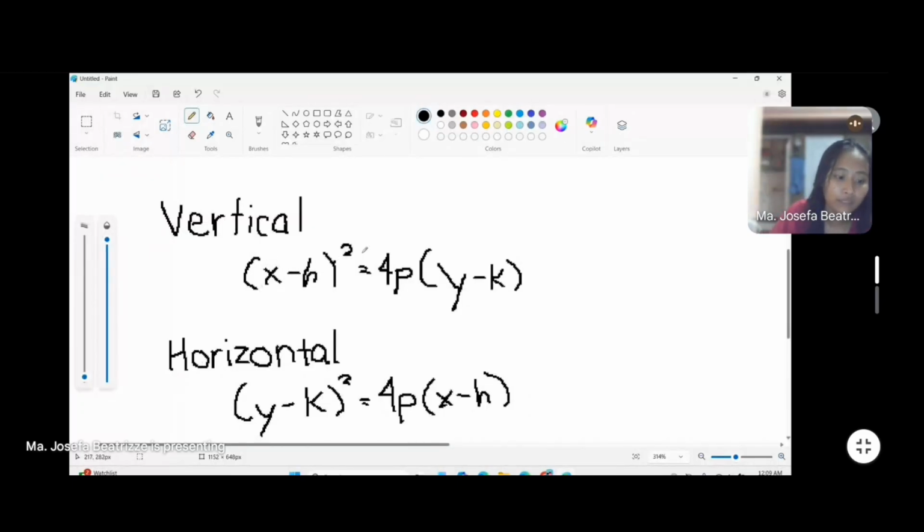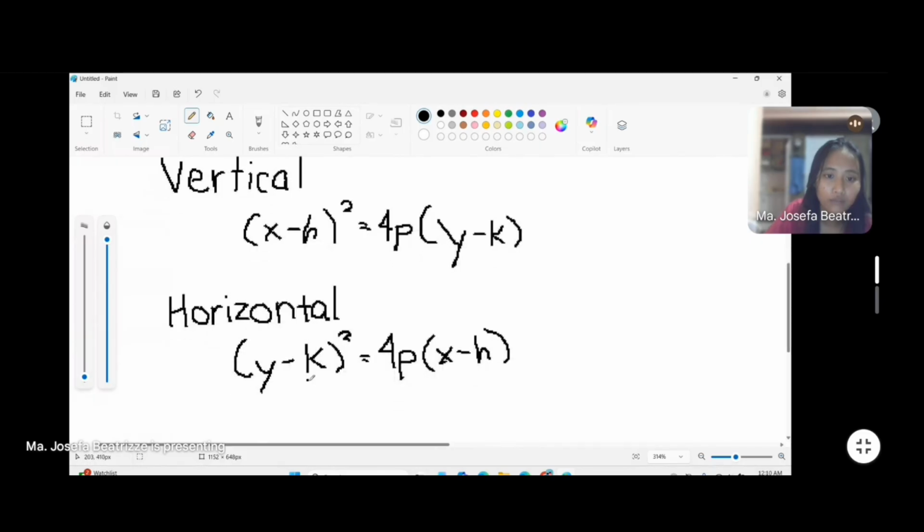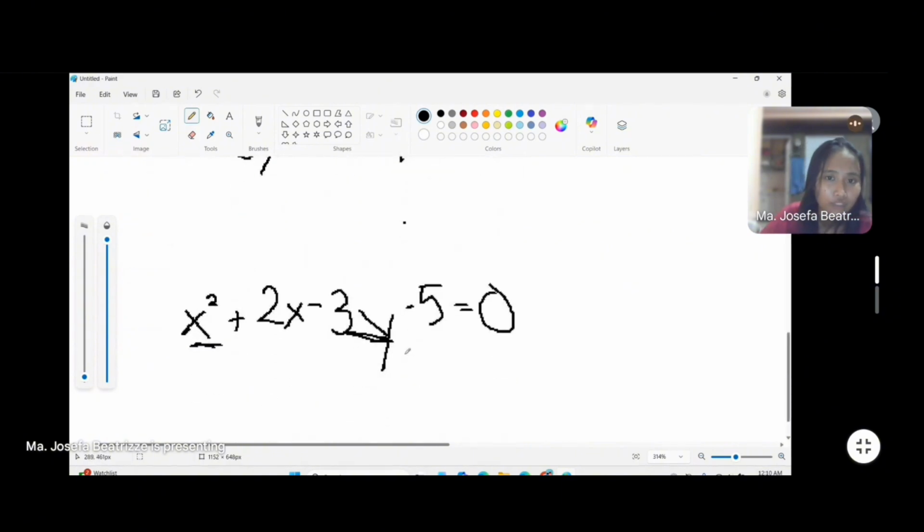Its standard equation is quantity x minus h quantity squared equals 4p multiplied by y minus k. And for our horizontal parabola, quantity y minus k quantity squared equals 4p multiplied by x minus h.